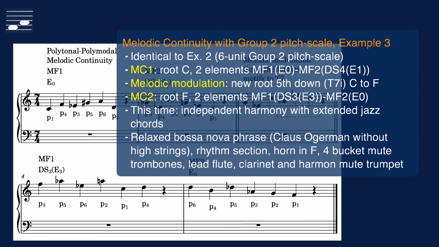The sustained harmony is played by horn in F and 4 bucket mute trombones, plus we have a rhythm and percussion section. The musical idiom is reminiscent of Klaus Ogerman, but without the high violins. Listen to this short bossa nova phrase that suggests the key of F major minor.